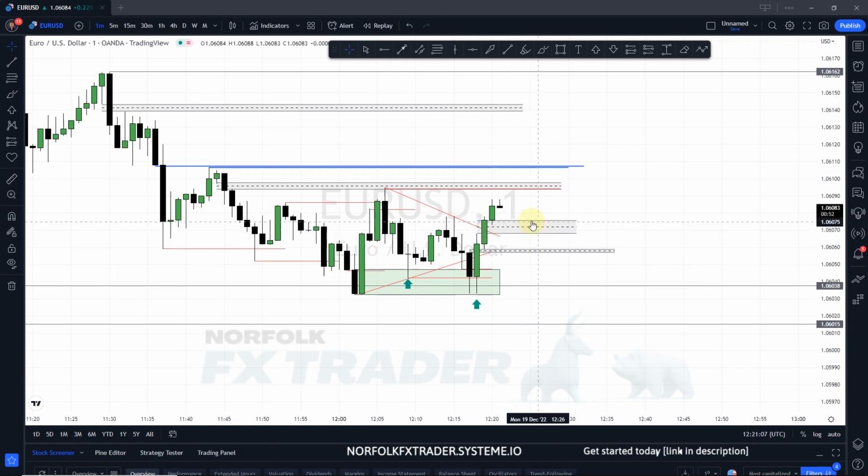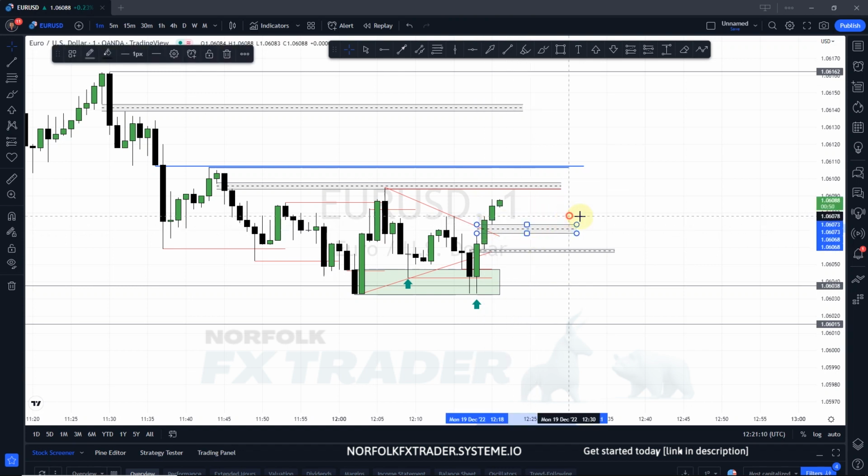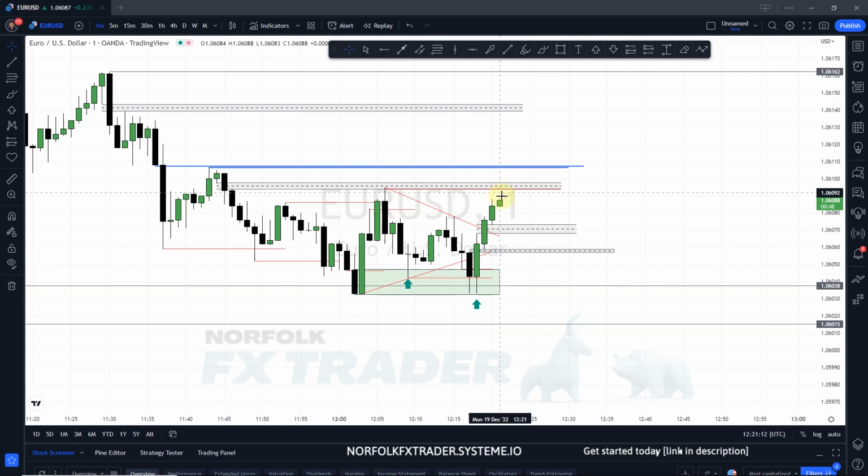Now we've got an area of imbalance left over here and an area here. So these areas we can see a pullback for a bounce up. This doesn't have to happen, but these could be great areas to target to the downside if we get a sell up here. So to start with, we have this high that's going to be taken next, and that's going to fill this imbalance. Now our target would have been this high and this area of imbalance. That would be our next target.